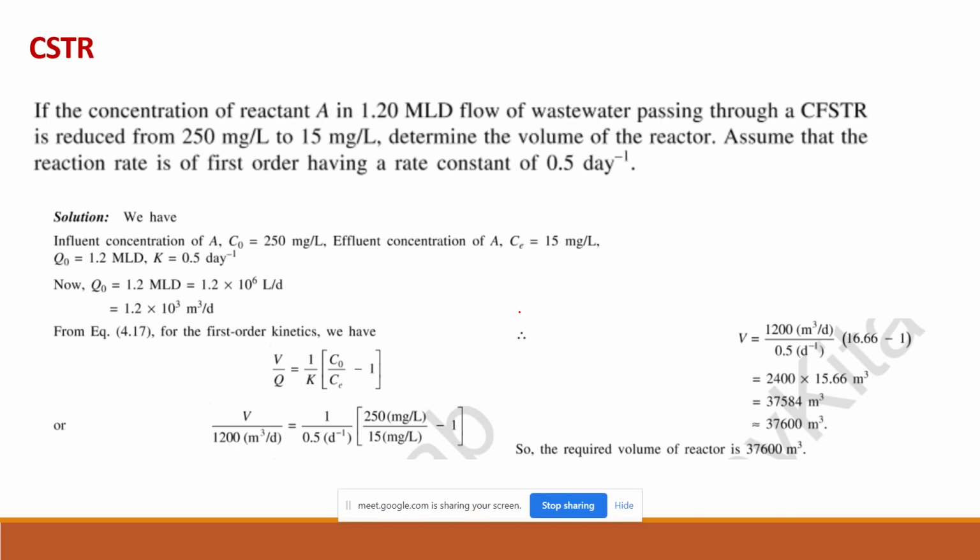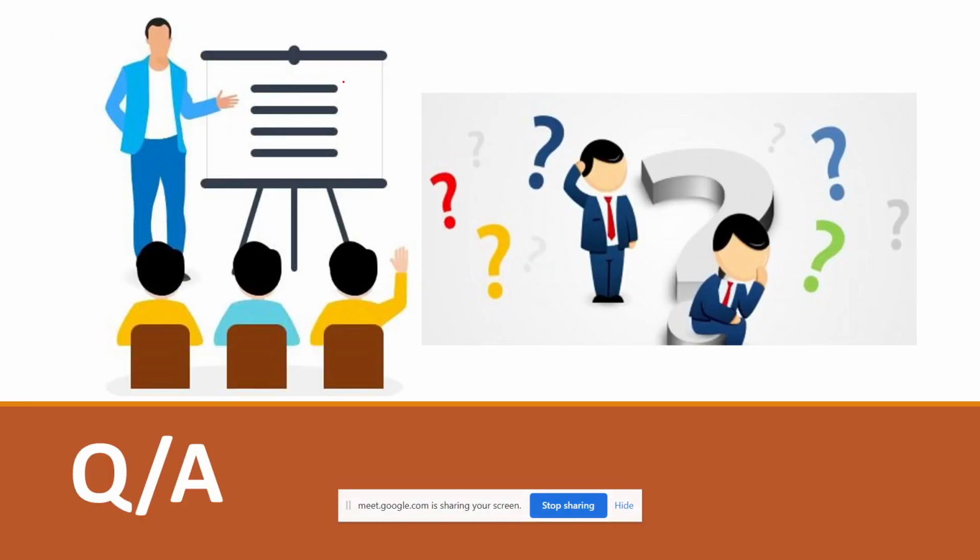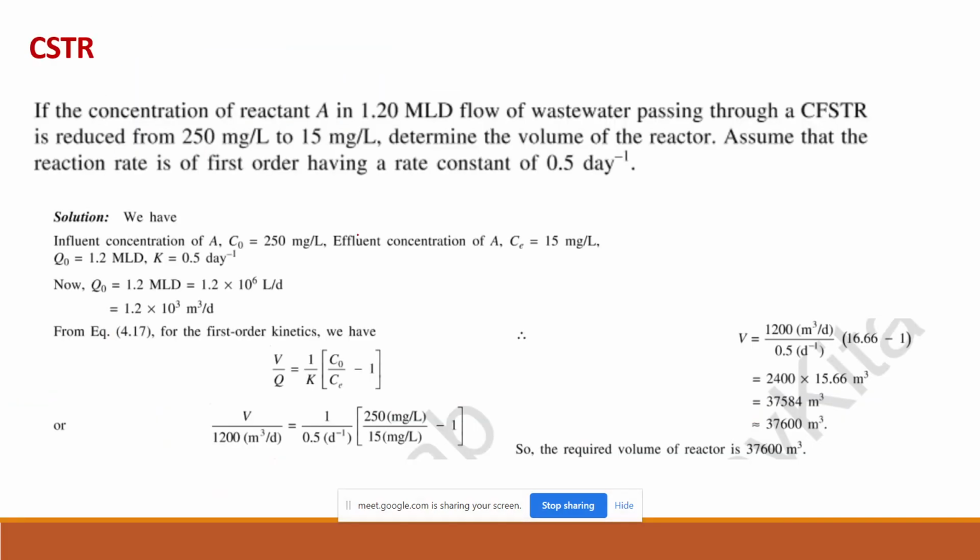So we'll try to solve a numerical based on this. If there are any doubts till now, you can ask me, post it in the chat box or unmute yourself. Otherwise, we'll solve these numericals and after this, we'll go to the Q&A session, right? So, are there any doubts regarding the concept of hydraulic retention time or the food to microorganism ratio?